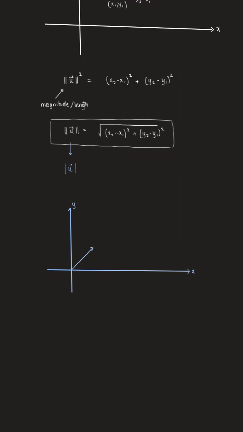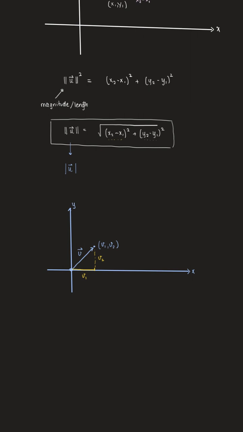Let's call it V. Then the tail of V is just 0, 0, and we can call the head of V, V1, V2. So this distance is of length V1, and this distance is V sub 2. We're not going to need to subtract corresponding components because the tail is 0, 0.